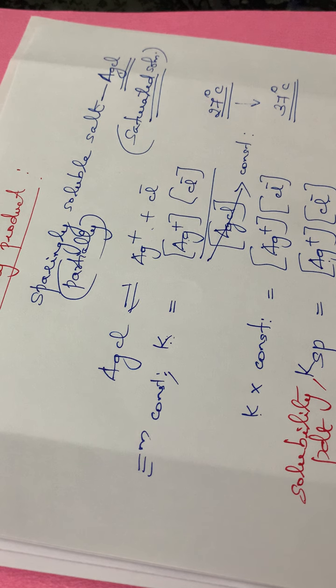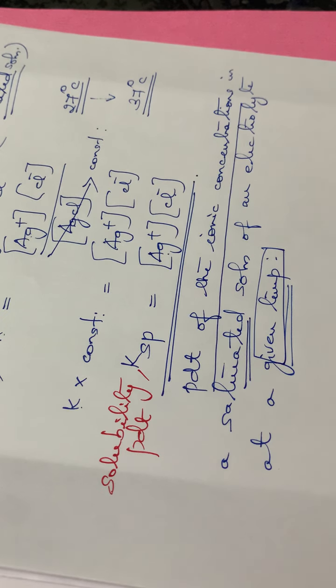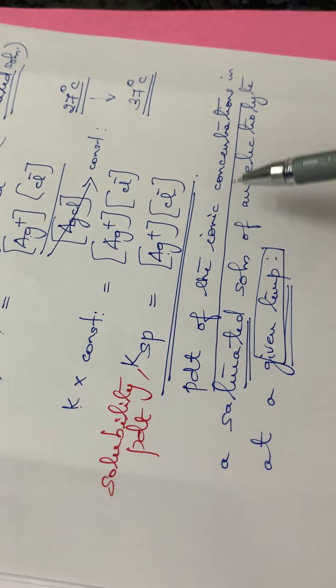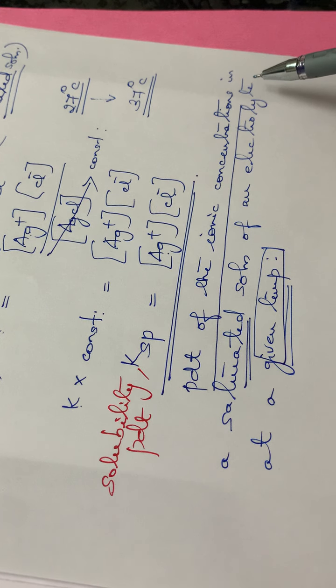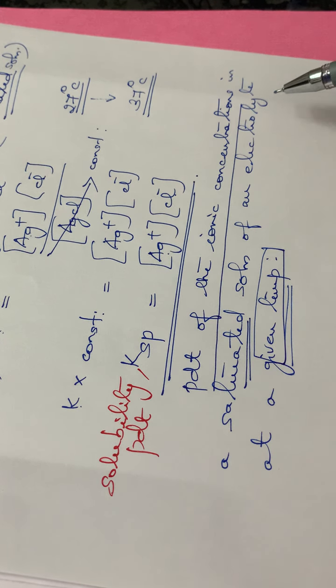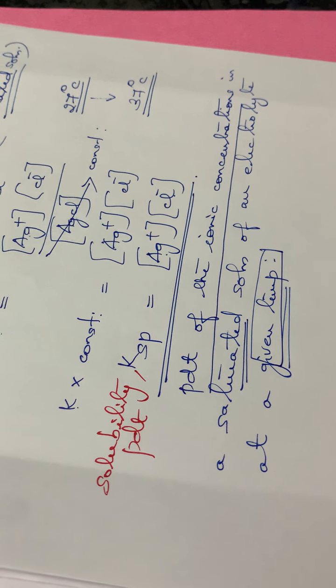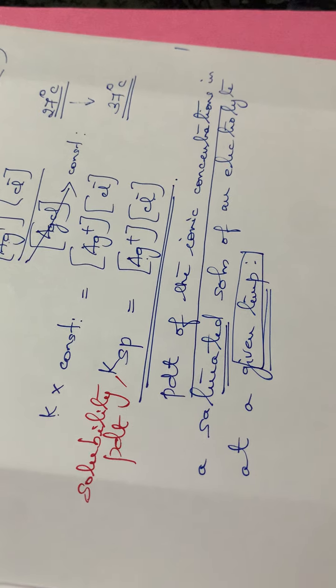If we increase the temperature, again that salt will dissolve. So here the definition for solubility product is the product of the ionic concentrations in a saturated solution of an electrolyte at a given temperature. Hope you are clear with this definition of solubility product.